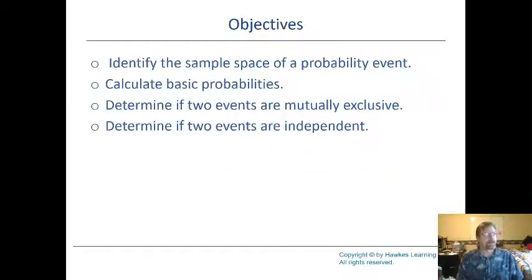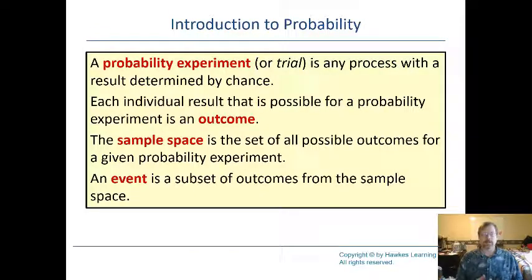There we go. We've got some basic objectives, and we'll talk about the vocabulary in these in a minute. Well, let's move right into the vocabulary. With probability, there are some concepts and vocabulary we use to describe things.